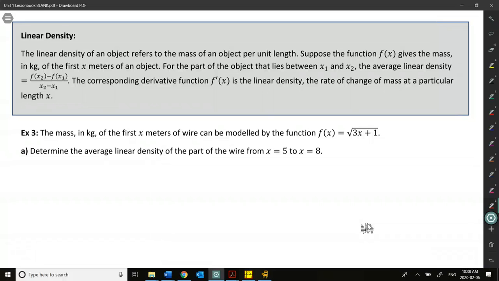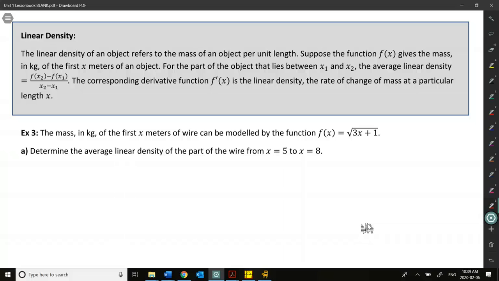All right, linear density. So linear density of an object refers to the mass of an object per unit length. So we can be given a function that represents mass in kilograms, or mass in another unit of measurement. Let's just say maybe x represents some distance along that object, so x meters.